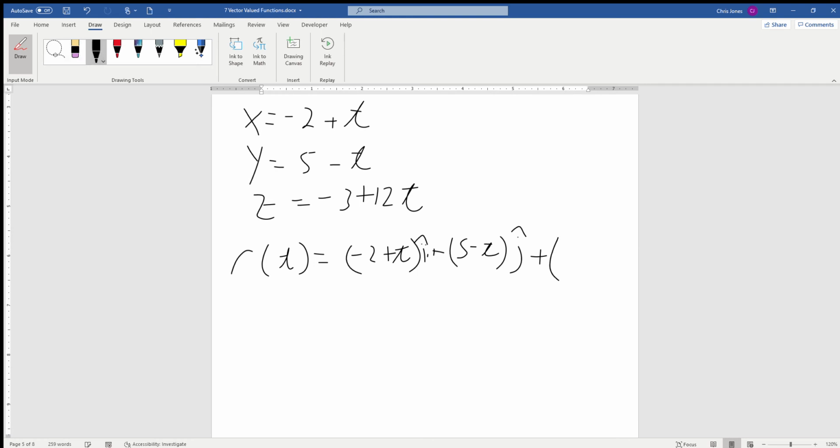So that's going to be negative 3 plus 12t k. Right? And of course, this is only valid under a specific parameterization. And the parameterization that we're looking at is when t ranges from 0 to 1.